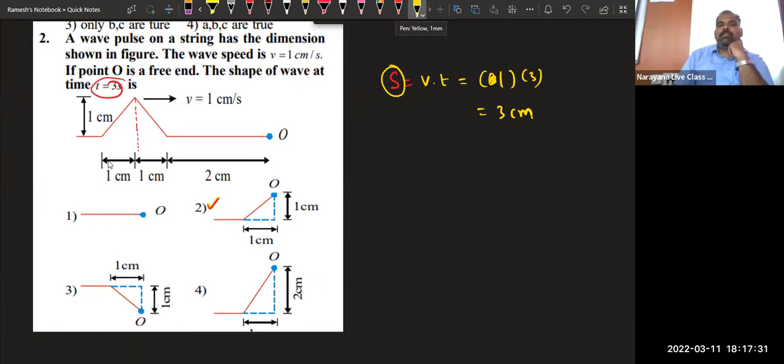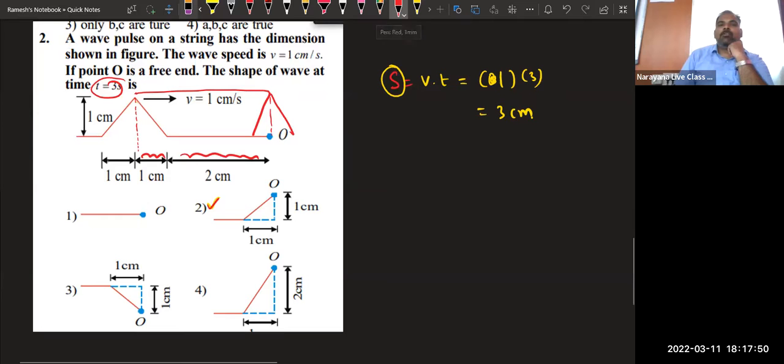Correct? So this tip will go like this one. This peak point will reach this O. Correct? Here 1 centimeter is there, here 2 centimeter is there. So the peak will come like this. Understood?